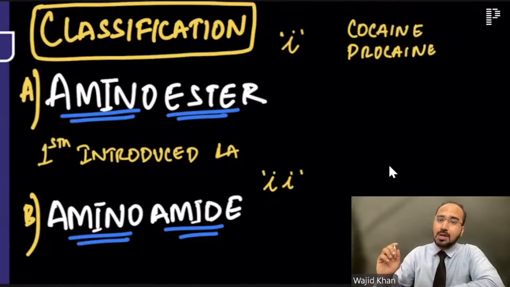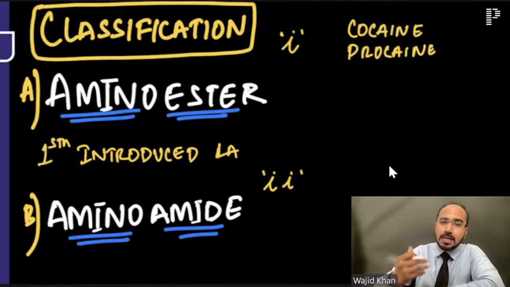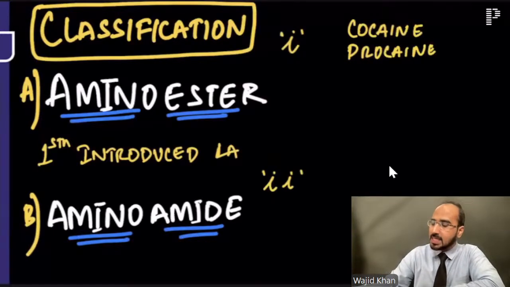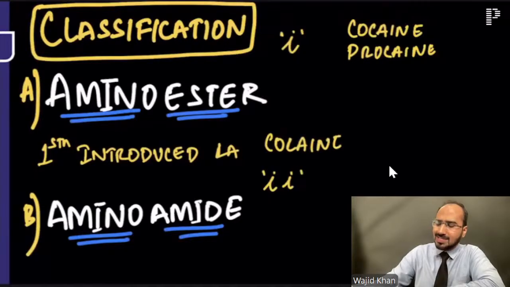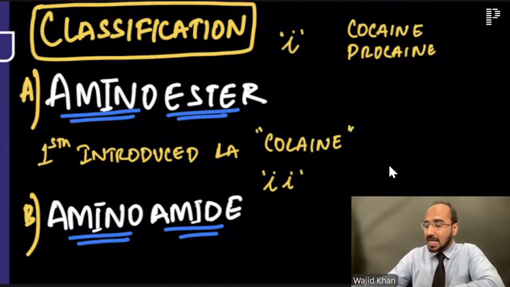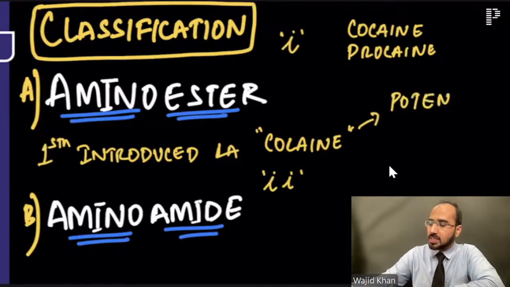Remember, in these amino esters, which was the first introduced local anesthetic, guys? The first introduced local anesthetic was cocaine. Nowadays, this is just an abuse drug. But remember, what is the side effect that you see with cocaine? It is a potent vasoconstrictor.